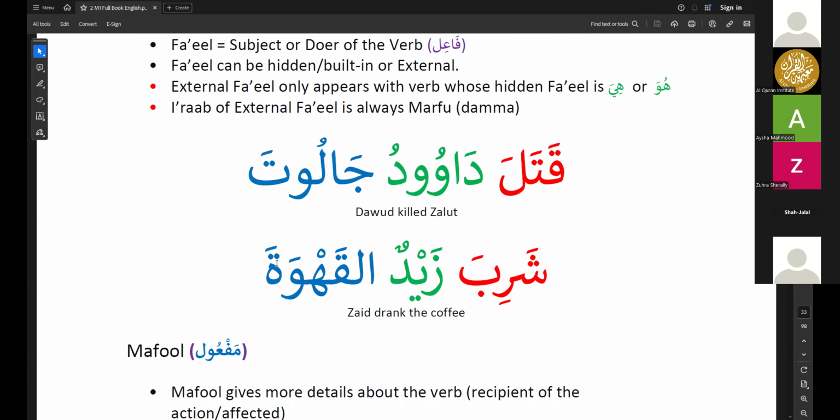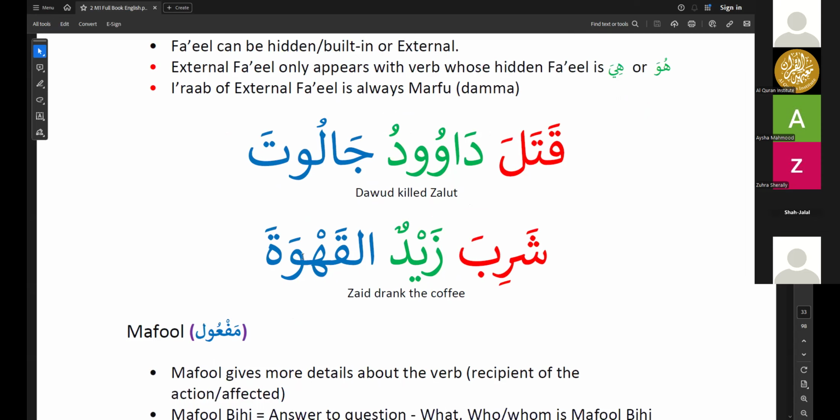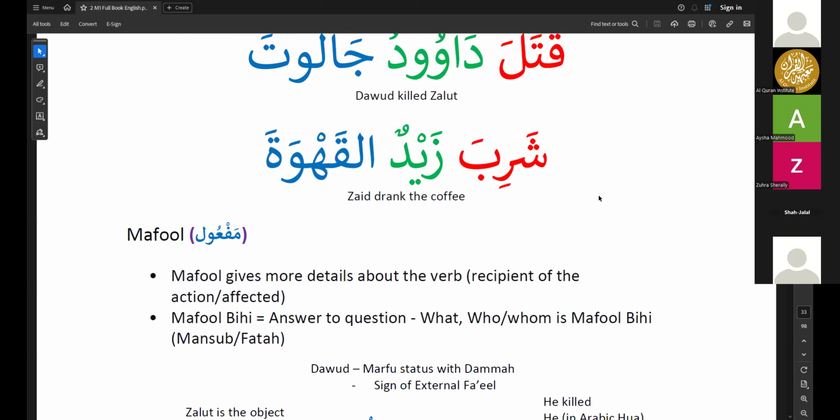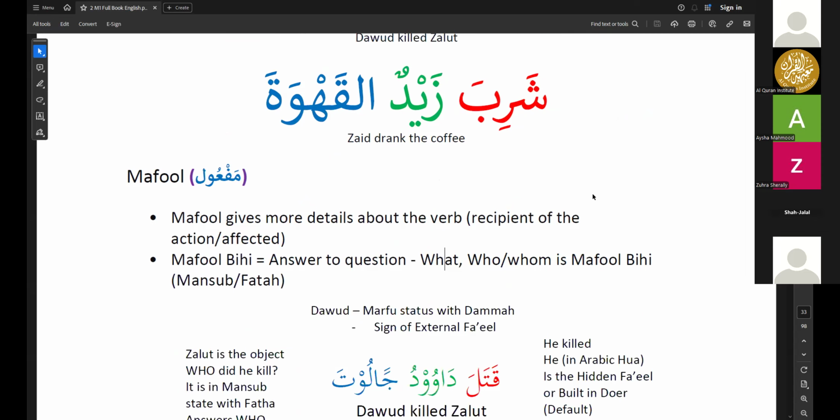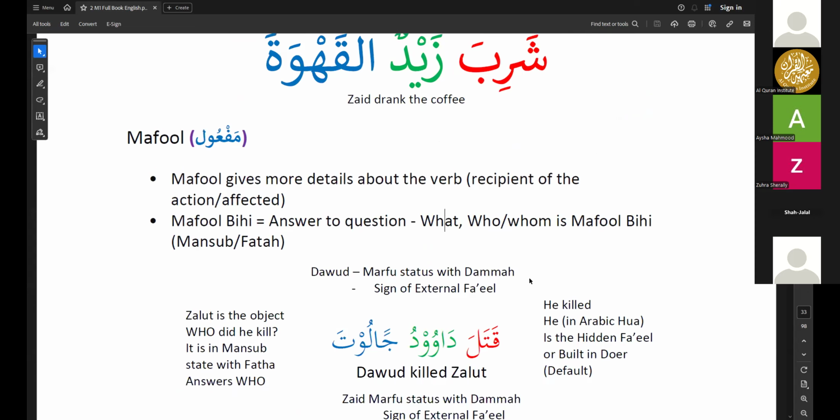And al-kahwa is the maf'ul, and we can see its i'rab, the haraka of the last letter, is fatha, or nasab. Good. So we got a rough idea about how a Jumlatul Fi'liyyah works. Here is another example.